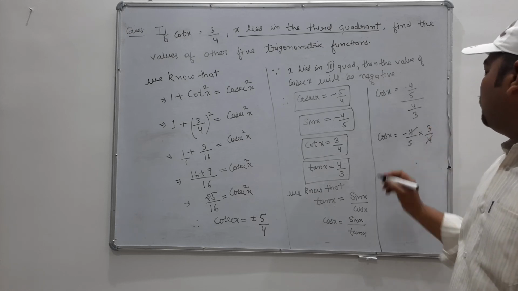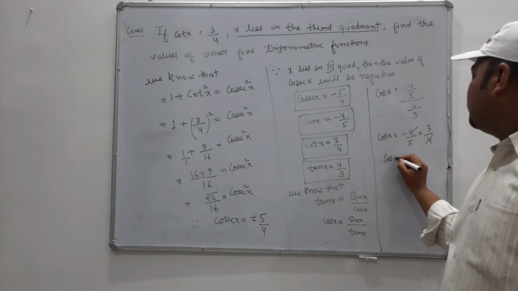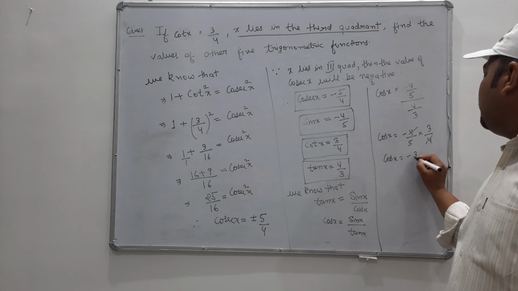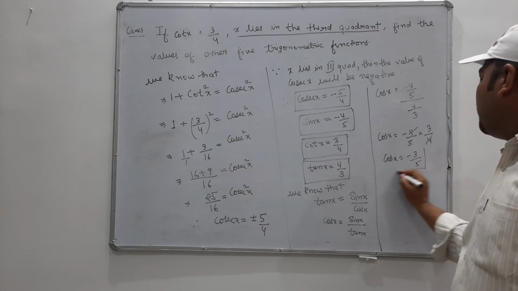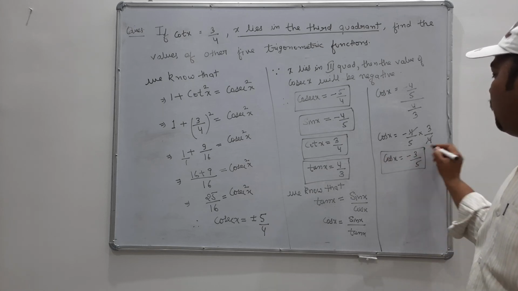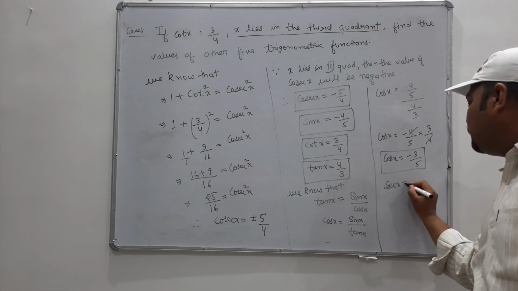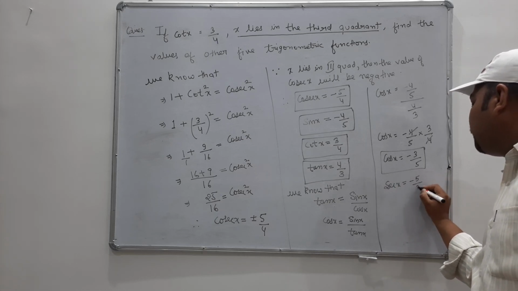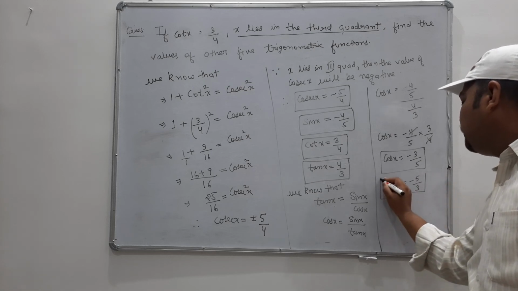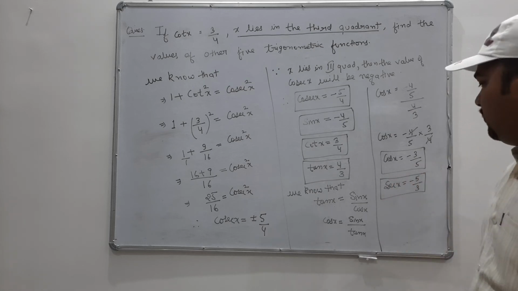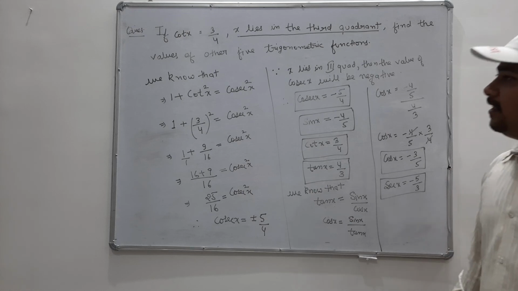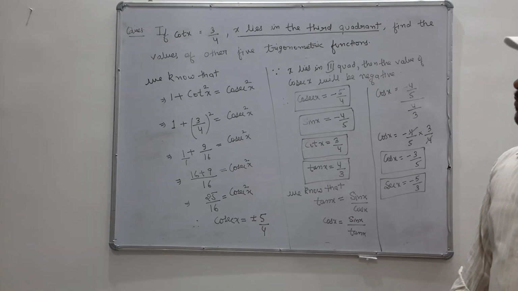After cancelling 4, we will get cos x is equal to minus 3 upon 5. And the reciprocal of cos x is sec x, which is equal to minus 5 upon 3. Is that clear?